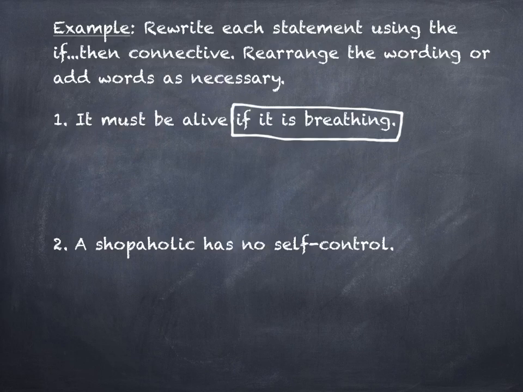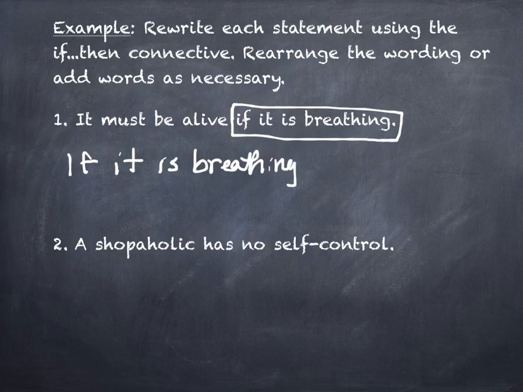So if I move the if, I have to move everything in that box. I'm going to list everything in that box first. So I'm just going to rewrite the statement with the if part at the beginning. I'm going to start out with if it is breathing, then what? Then it must be alive.